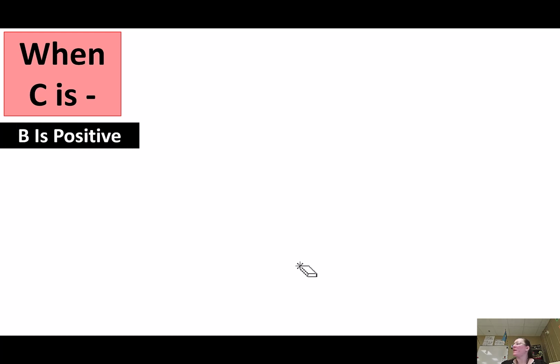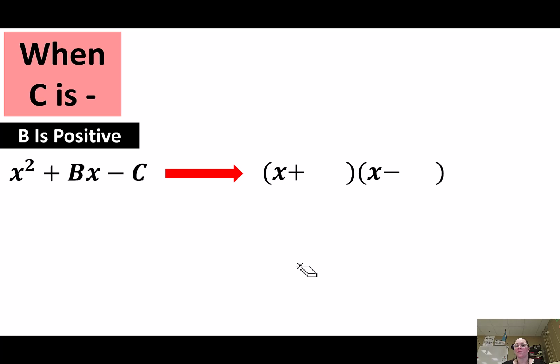All right, so let's look at when our c is negative. Okay, we have 2 possibilities. Either b is going to be positive or b is going to be negative. If b is positive, like this example here, x squared plus bx minus c, then I'm going to have one positive, one negative. That's the only way for c to be negative, is for one of the factors to be negative. So my bigger factor is going to be positive.